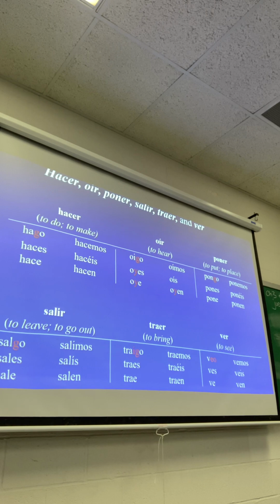Back to you, Lexi, número 13, number 13. Yo siempre traigo el libro a clase. Muy bien, I always bring my book to class. Once again, just remembering that the yo form is traigo. Number 14, Diana.